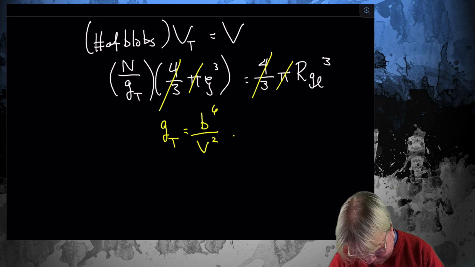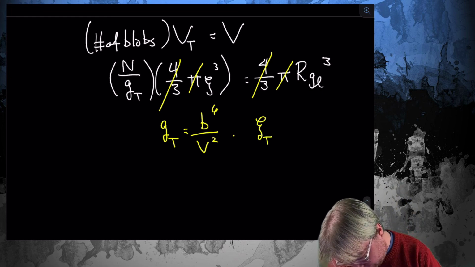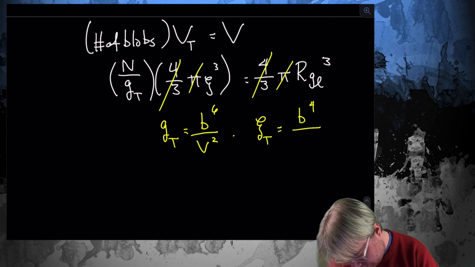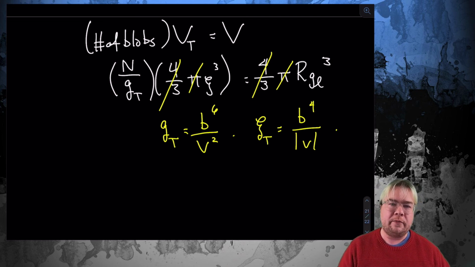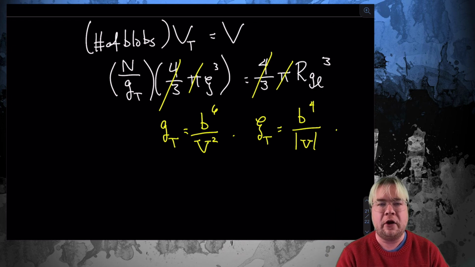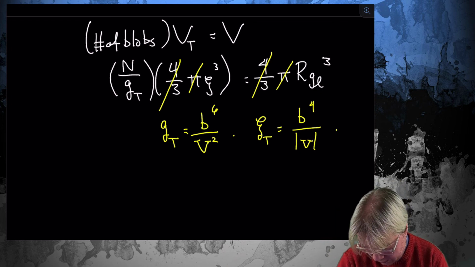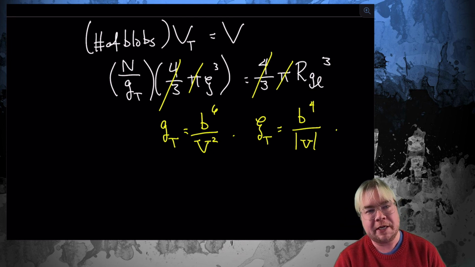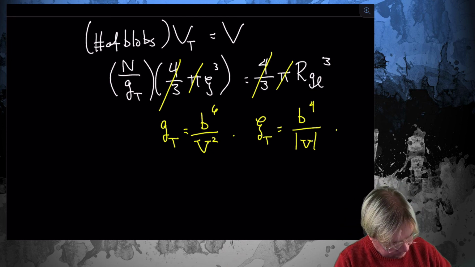And what else do I need? I need that the size of the thermal blob is going to be b to the 4th divided by the absolute value of the excluded volume. So I've got a lot of volumes in here. So those are the excluded volumes in these expressions. Right? Because absolute value is in this expression because v is negative in the case of a poor solvent.